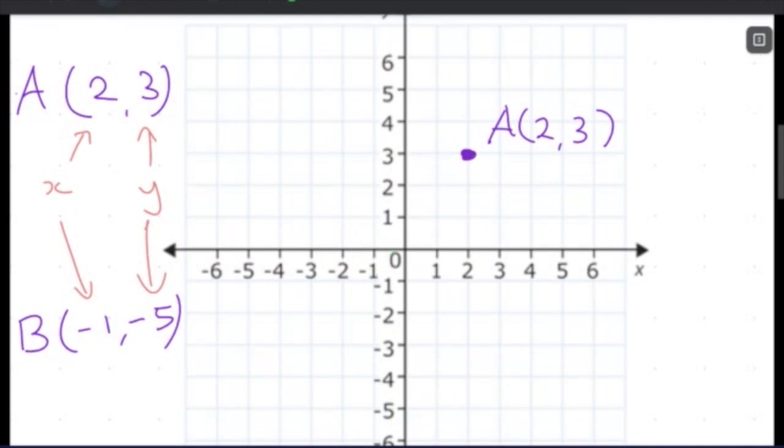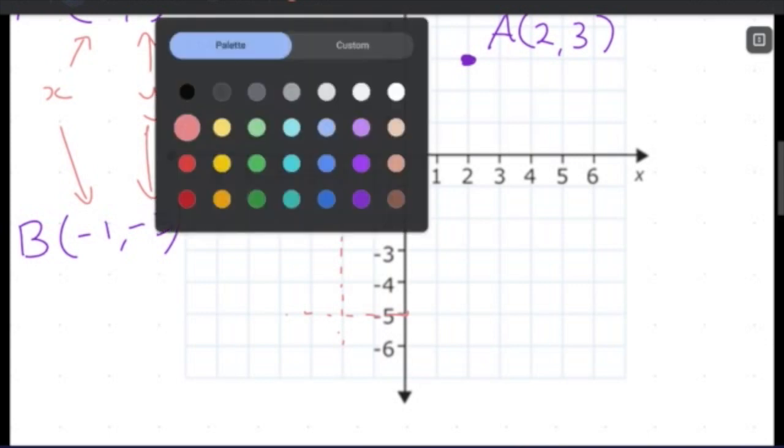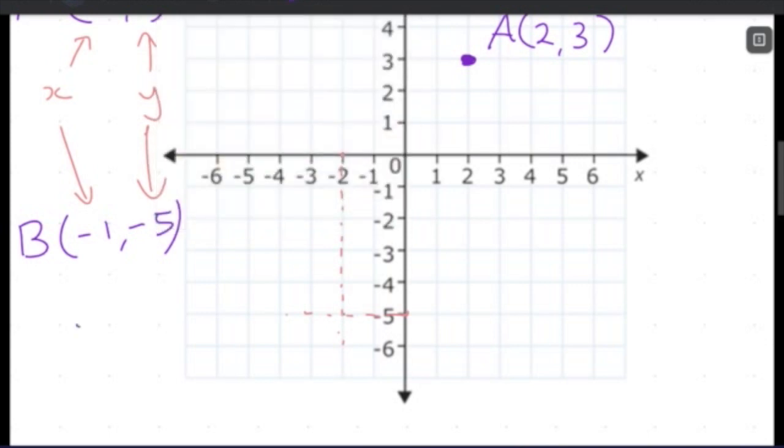So, once again, all I'm doing is locating these points here. I can just follow my grid along, locate my y, where along the y this is, follow that along, and where these meet is my point B. That's -1, -5.